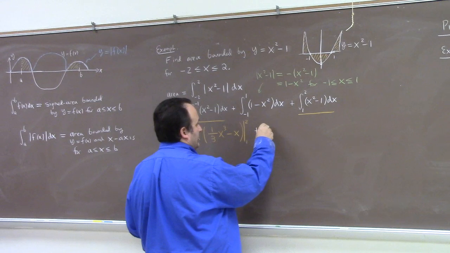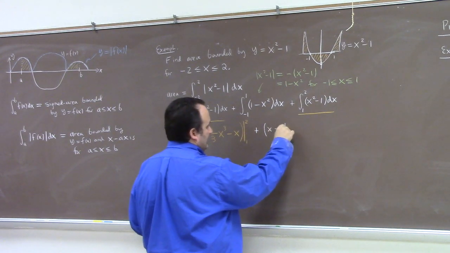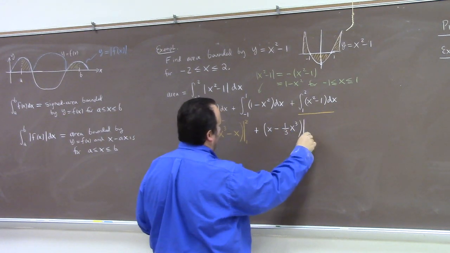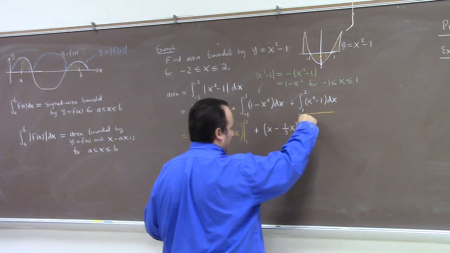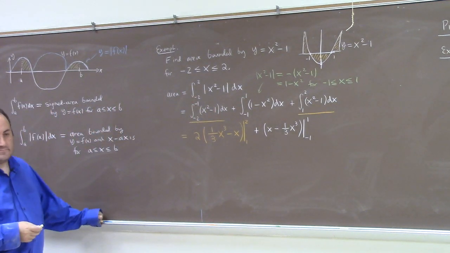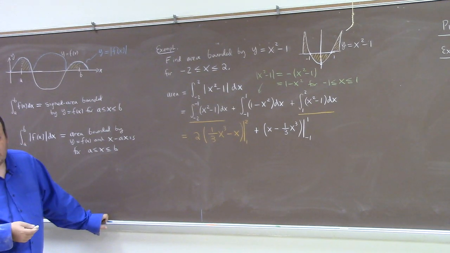Plus, what's the antiderivative there? x minus 1/3 x cubed, right? Evaluated from minus 1 to 1. And then we just need to plug in the numbers and be careful, right?